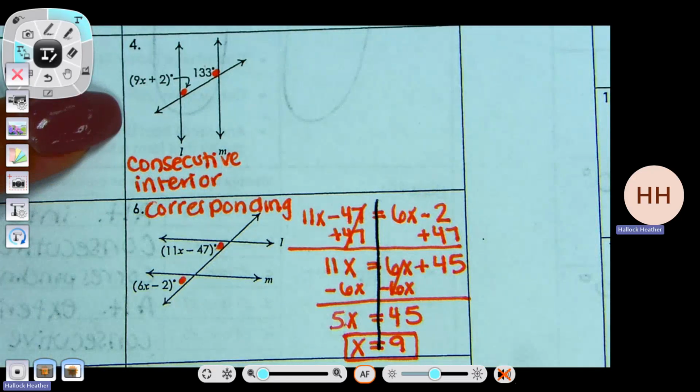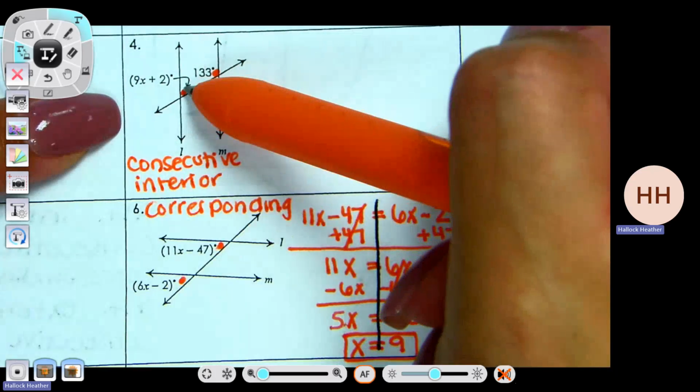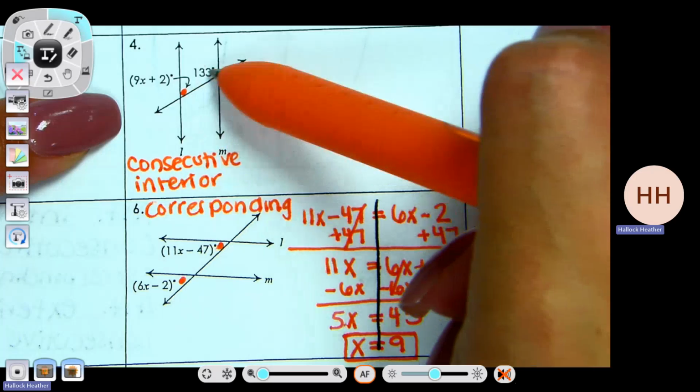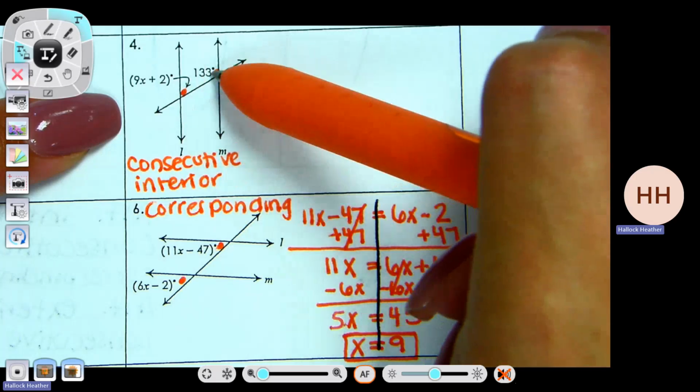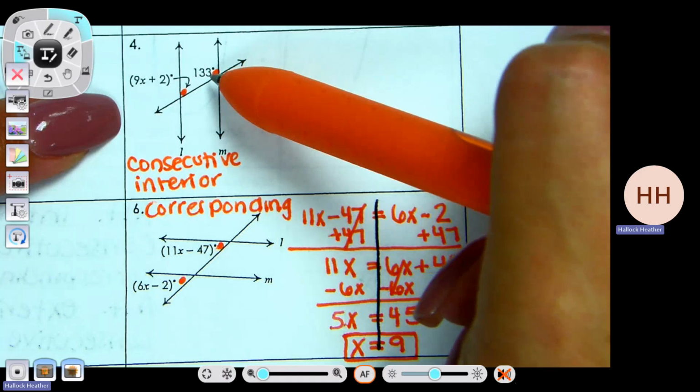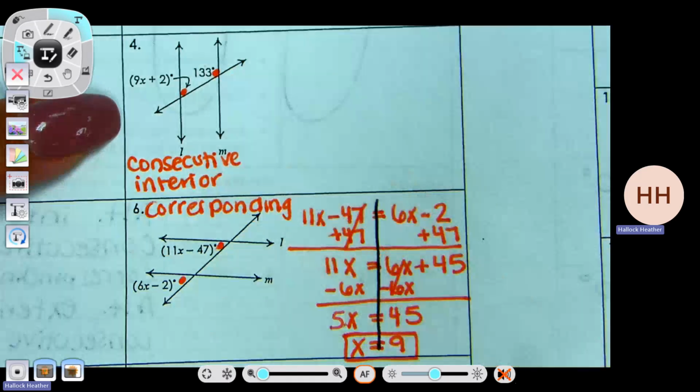So we have to decide. You can either remember or you could just use the picture. I would use the picture. Do these look congruent or do they look different? They're different. This is acute. This is obtuse. They are not the same. So that means I'm going to add to make what? 180.